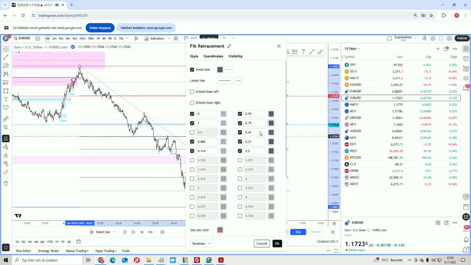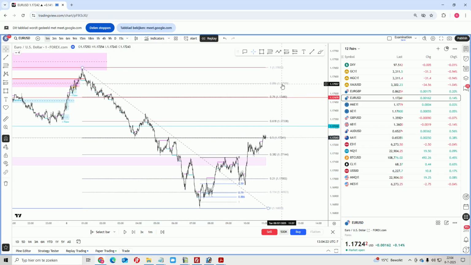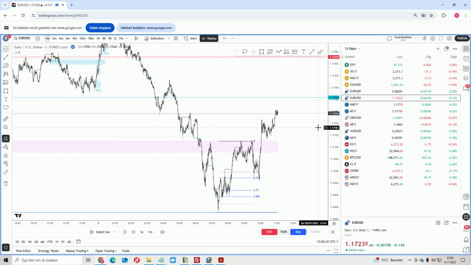Yeah, these zones are not the 59, it's the 61.8, 79, and this is the 38.2. Okay, yeah. So these levels are very sensitive, and these are time-based retracement.